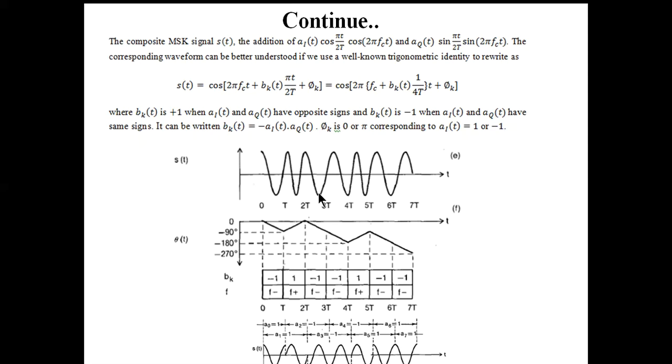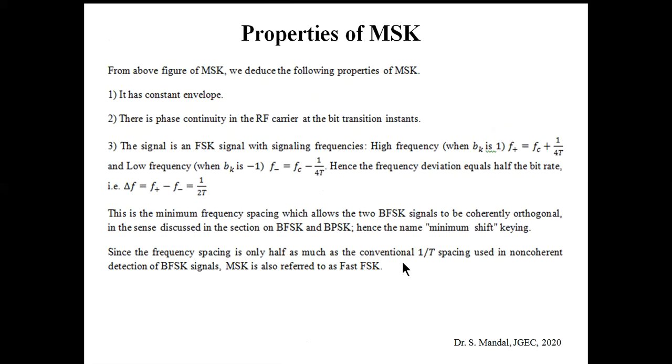For example, from 3T to 4T the frequency is low, but here in this case the frequency is high. How this happens will be explained in the next slide. And this one is theta(t), that is nothing but πt/2T into bk. How this graph can be obtained will also be explained in the next slide.